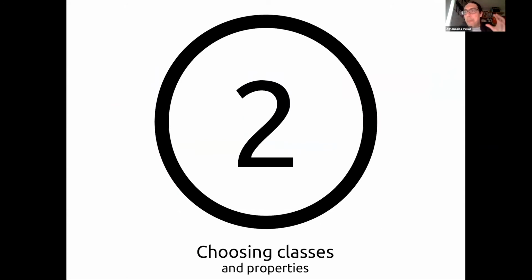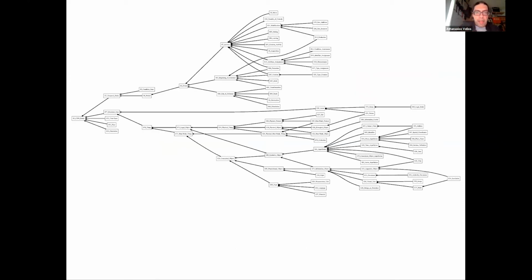How do we map our data? So, choosing classes and properties. The CIDOC-CRM is basically this hierarchical structure over here, and it is very small. I don't know how clearly you can see this, but it starts over here with something called the CRM entity. So anything in the CRM universe, and then it specializes into different categories and more different categories. And all of these are things that we use in our discourse, including conservation.